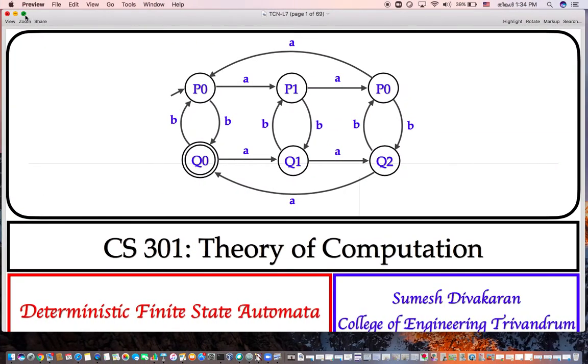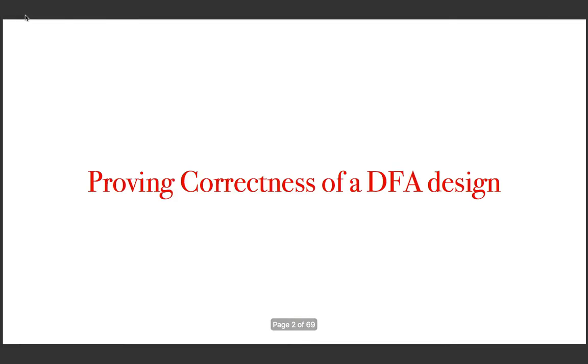And the objective of this class is to use the principle of mathematical induction to prove the correctness of a DFA design. So how will you prove the correctness of a DFA design?